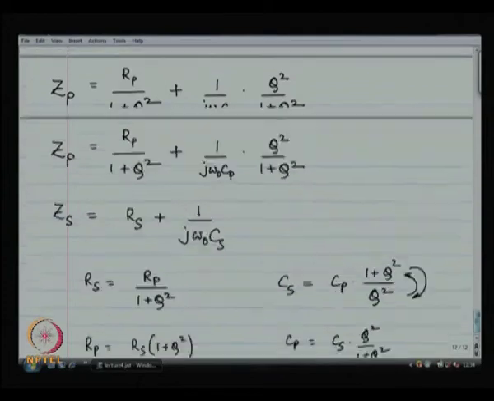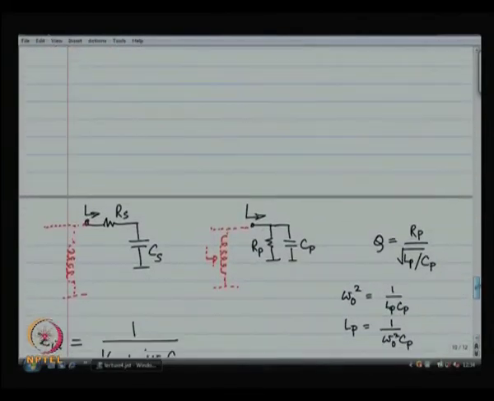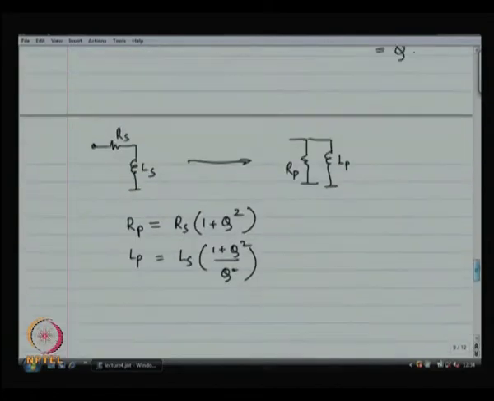What is important over here is that these transformations can be done at one frequency of interest, that is omega naught. Omega naught can be anything, because the capacitor can be chosen to be anything. The capacitor in this case is imaginary, remember.